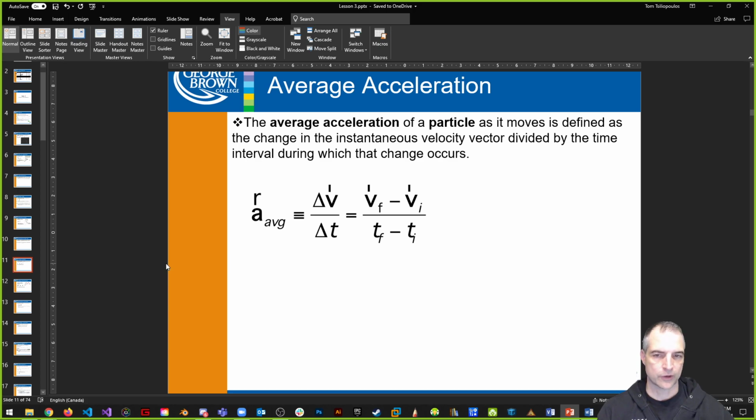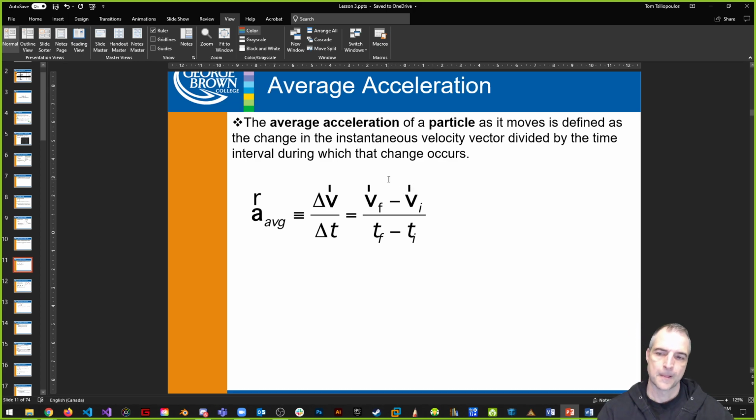So the average acceleration of a particle, we talked about average velocity, now is the change in velocity, the velocity vector, over the change in time. Okay, again, these little marks here, sometimes we use little marks like this, and sometimes we use the arrow. The arrow means vector. These little marks can also mean vector.